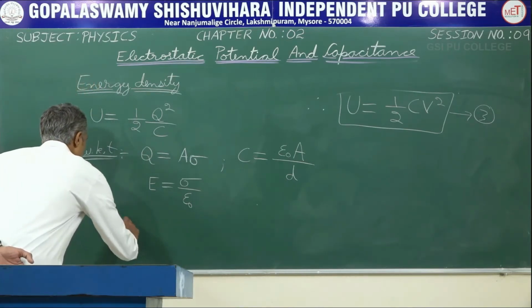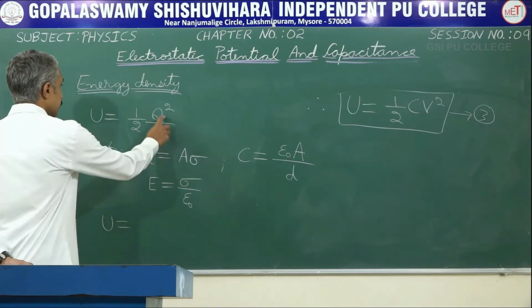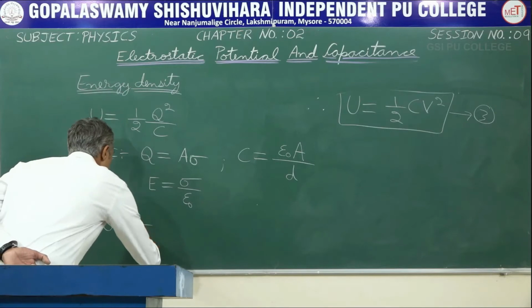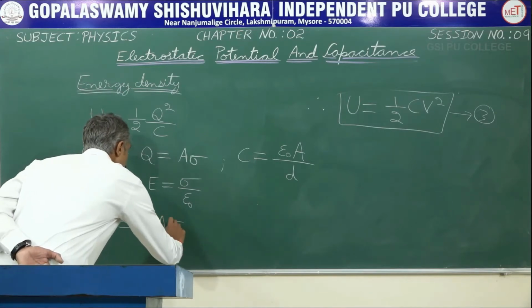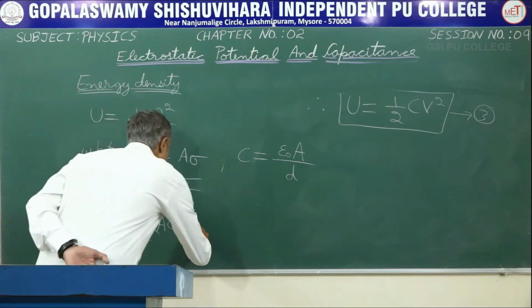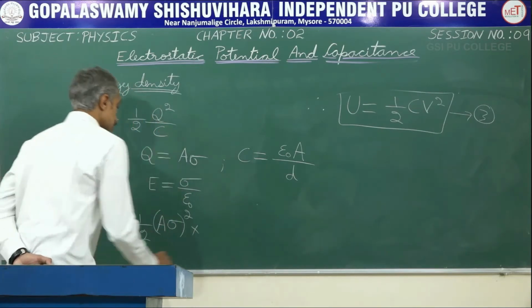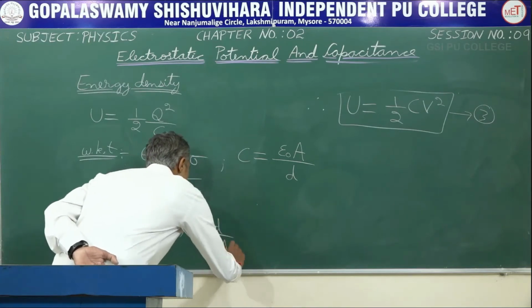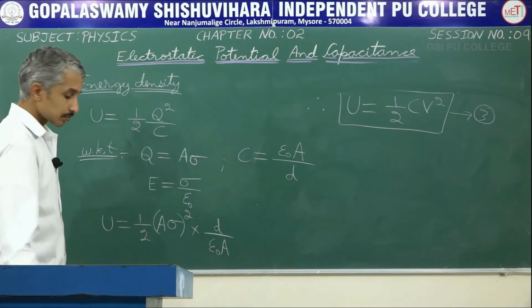So U is going to become, instead of Q, I will write A into sigma square into 1 by C. So this will become D divided by epsilon naught into A.